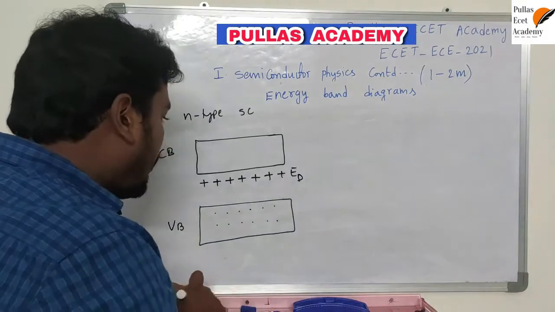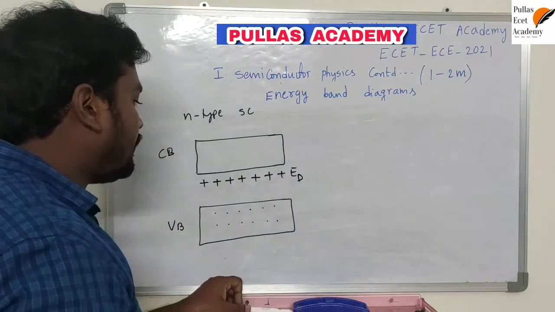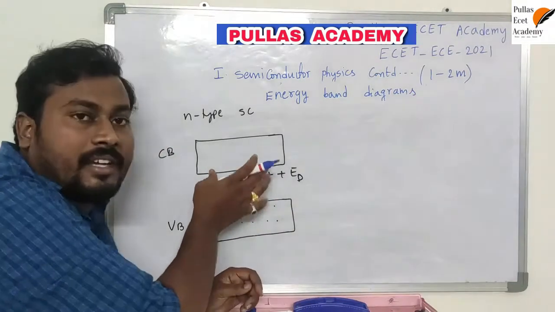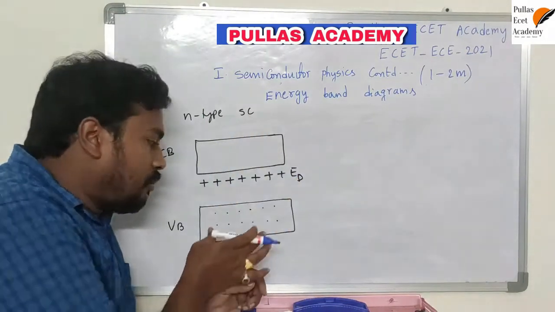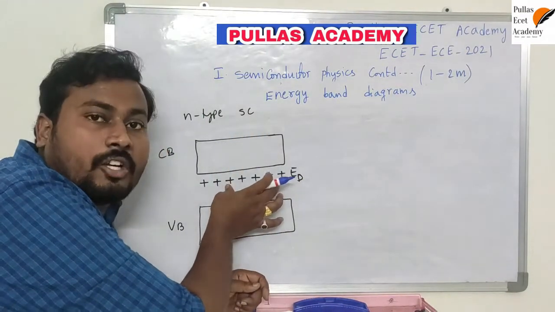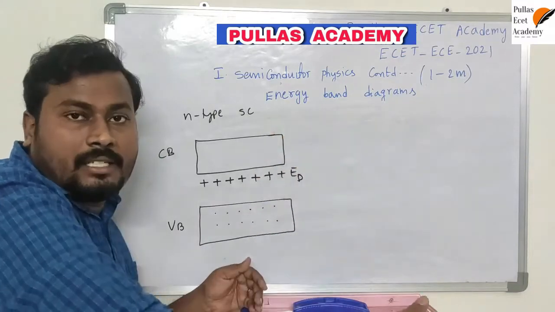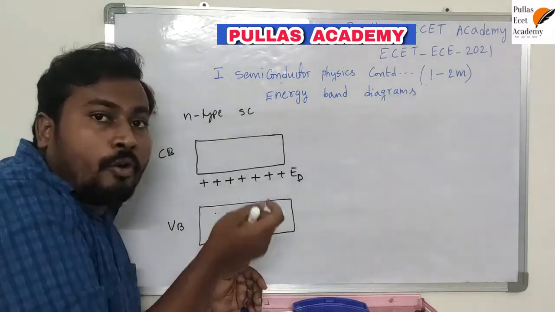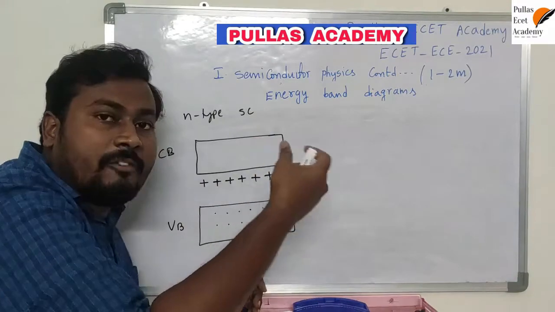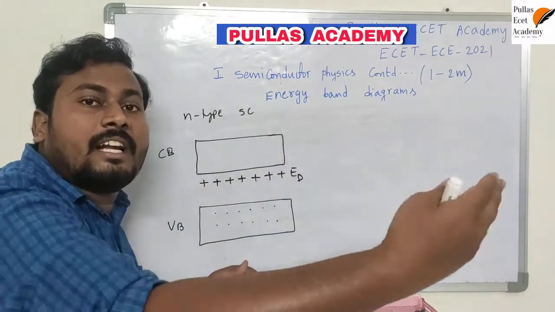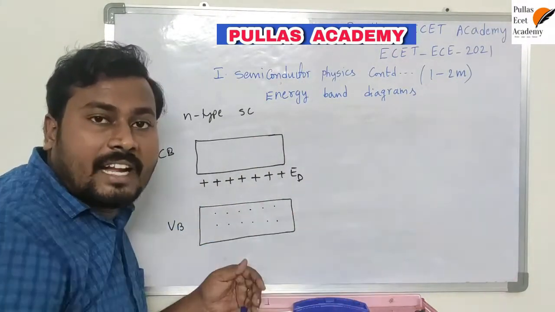Now tell me what is going to happen. At T equal to 0 Kelvin, there are no free electrons, only bounded electrons, and these electrons are ready to become free. This is the energy level of one phosphorus atom. This is the energy level of the second phosphorus atom. Like that, we will add so many phosphorus atoms.